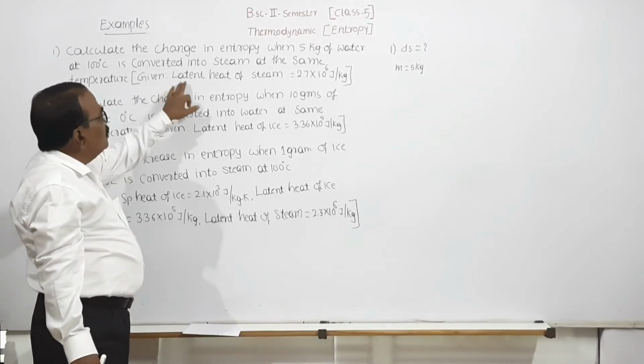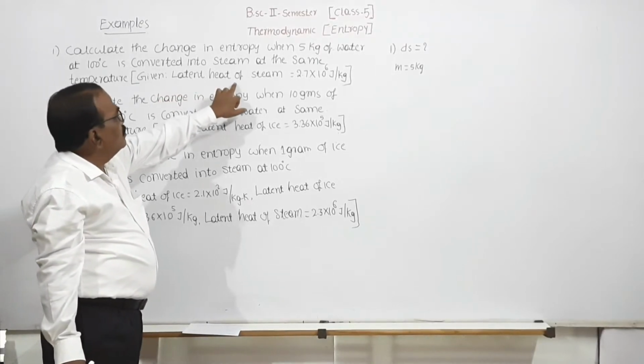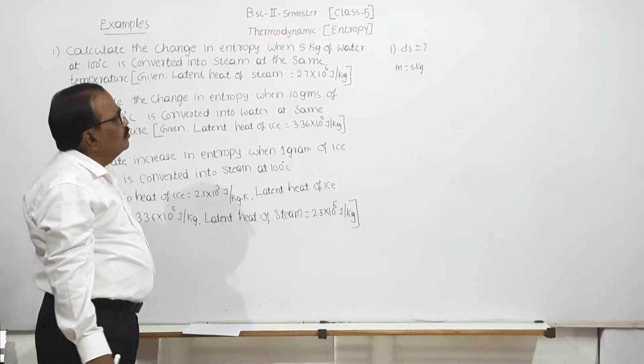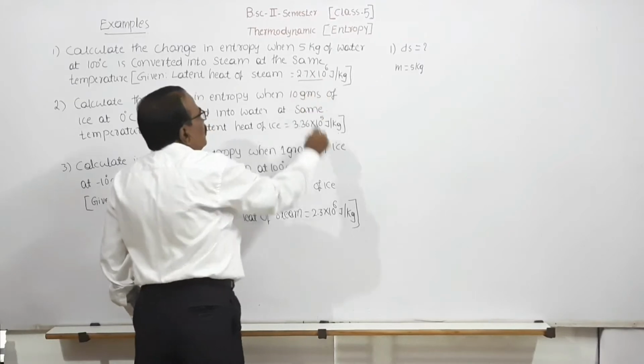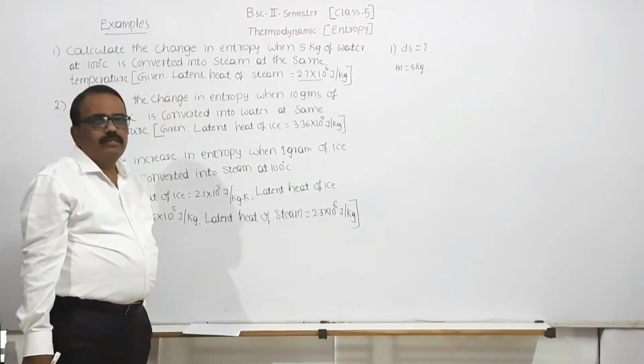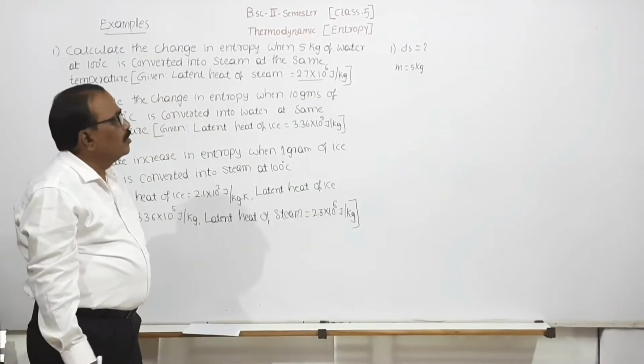Given that latent heat of steam is equal to 2.7 into 10 raised to 6 joules per kg.